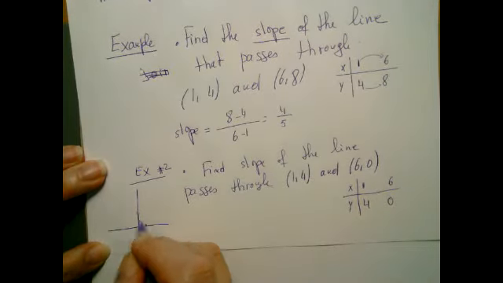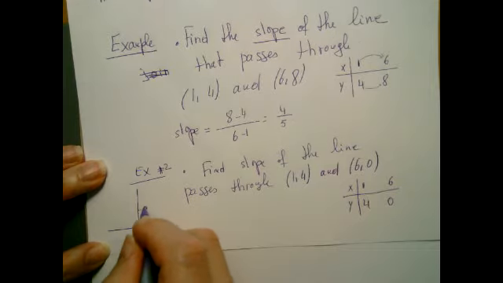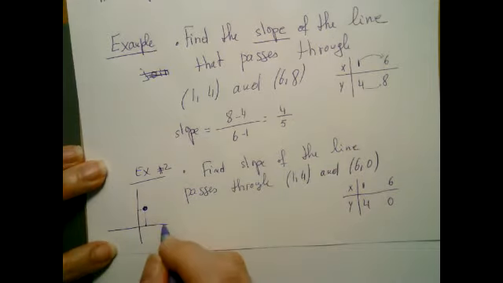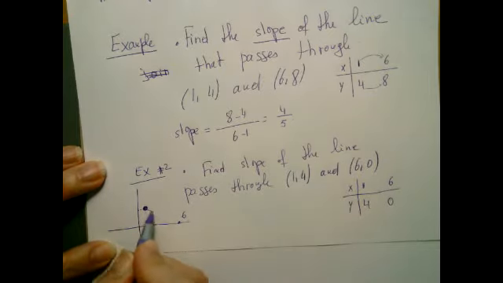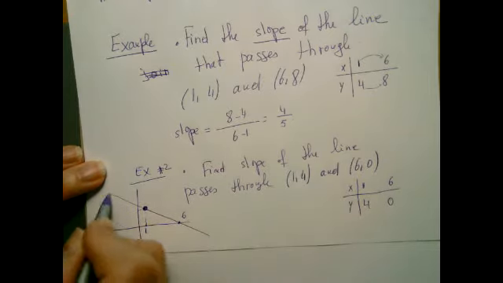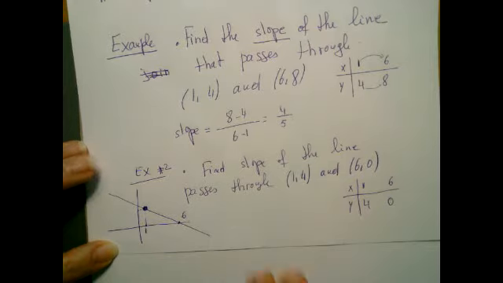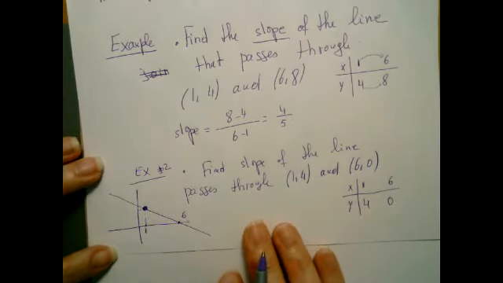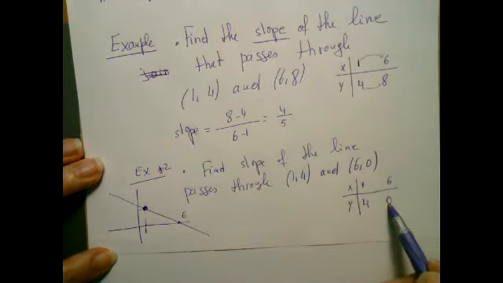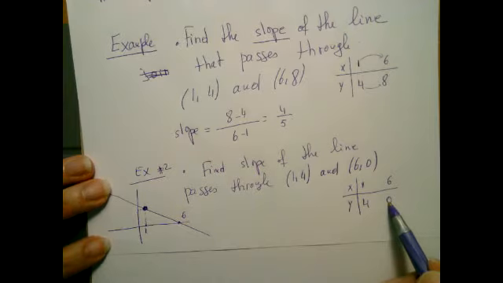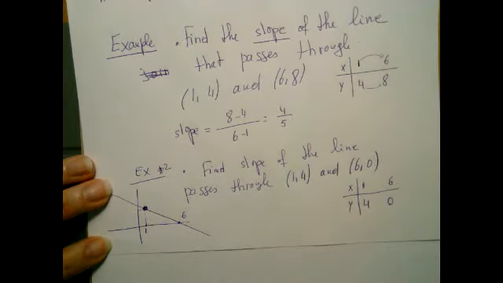1, 4, so that's a point on the line. 6, 0, that's another point on the line. So it means I need the slope of this line. Immediately, do we expect a positive or a negative answer?